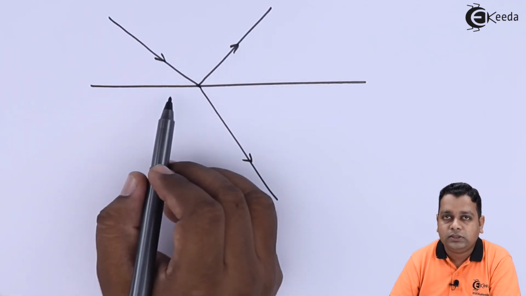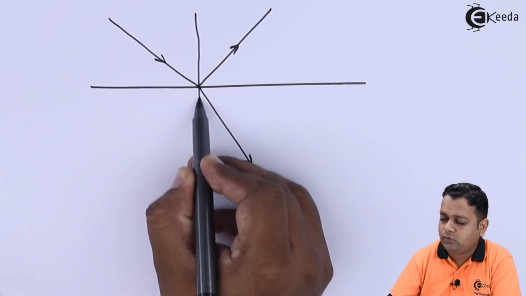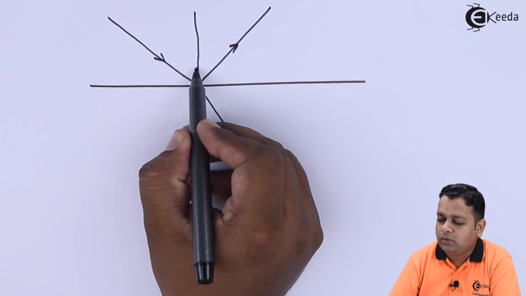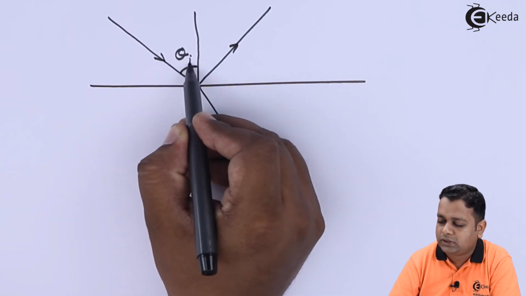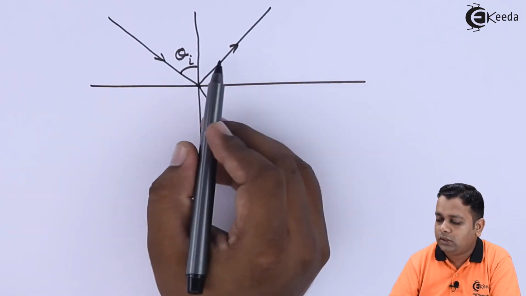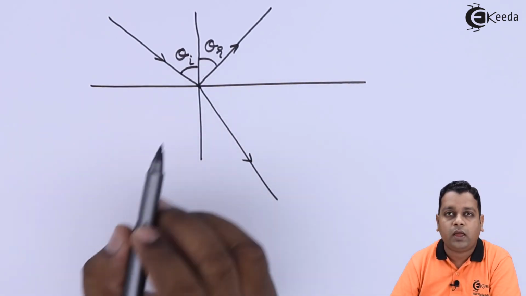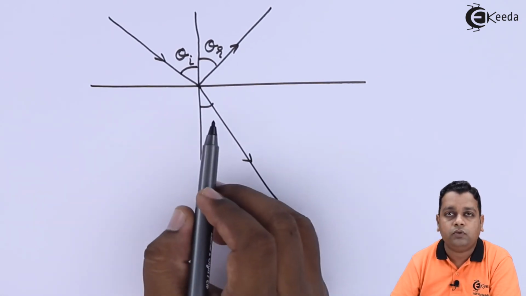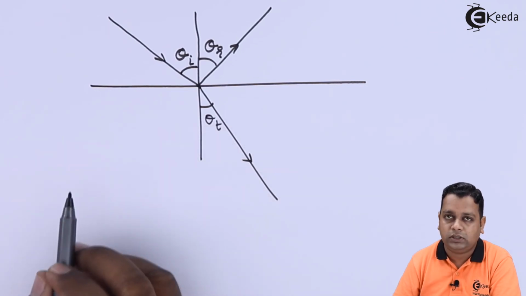For incidence, we take at the incidence point a normal to the boundary surface. There will be the angle of incidence that we denote theta suffix i. For the reflected wave we denote theta suffix r, the angle of reflection, and for the transmitted wave we denote the angle of transmission theta suffix t.